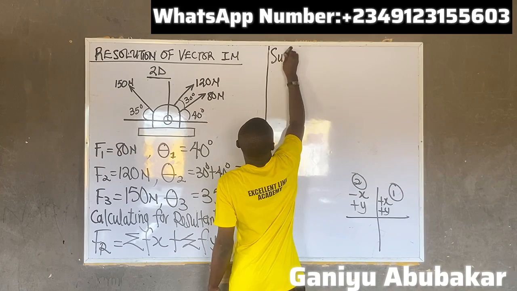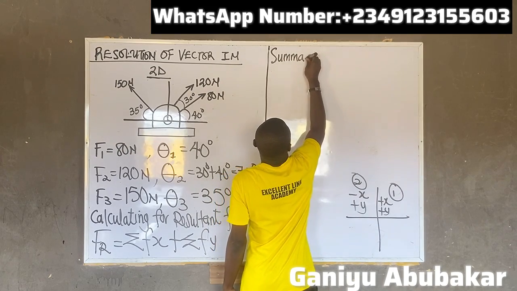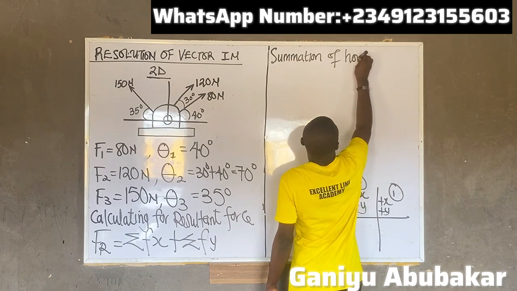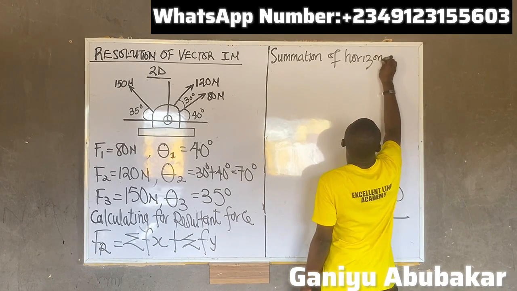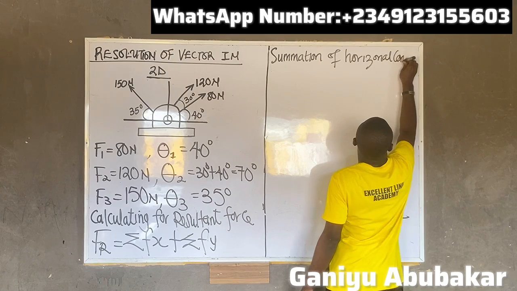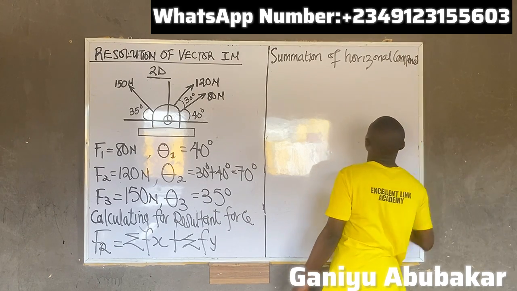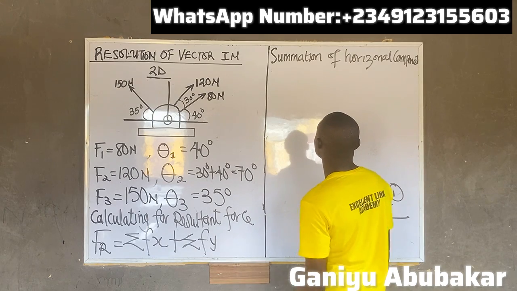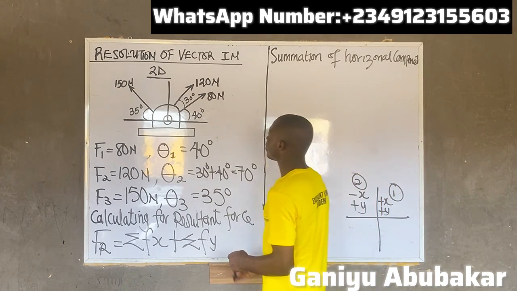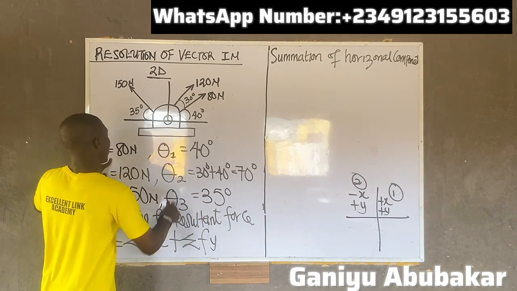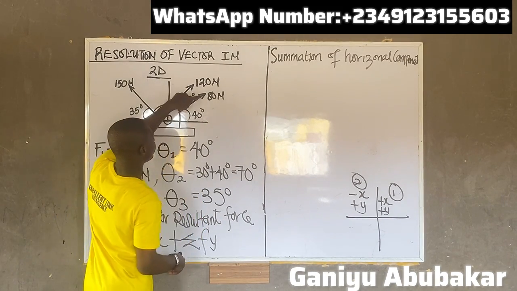Let's look for the summation of horizontal components. Look up, please, at F1 and theta 1.